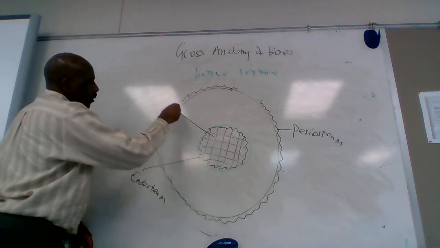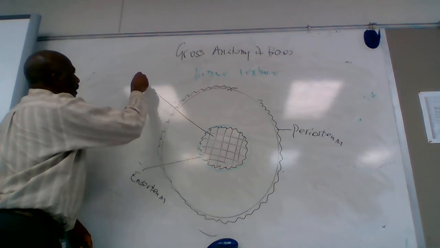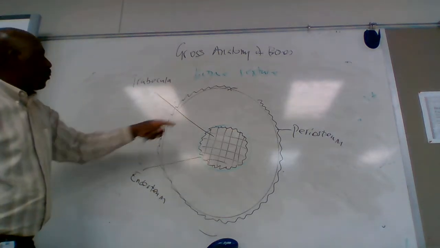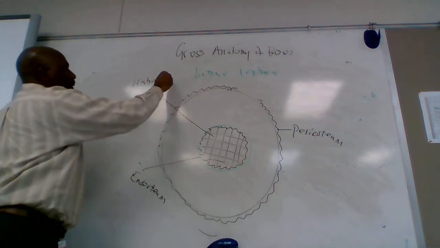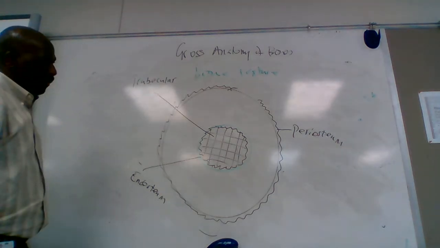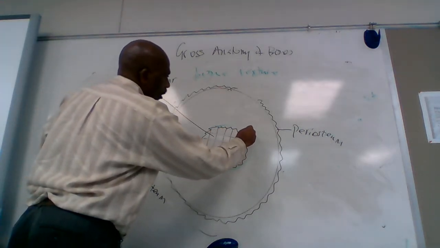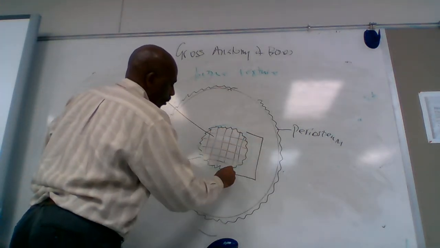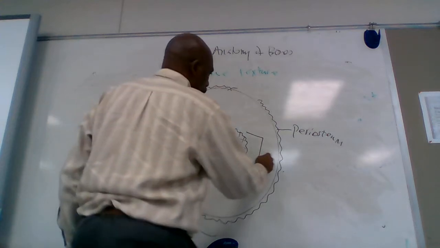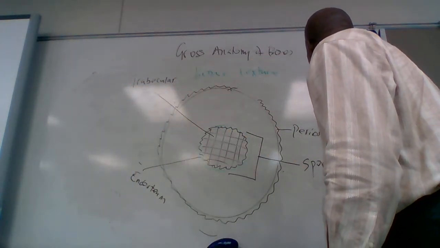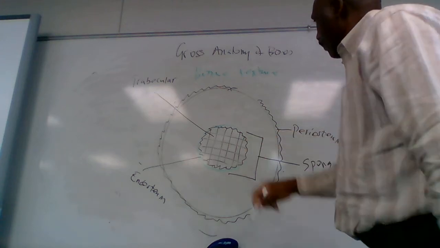Now, one of these cavities will be called the trabecula. Plural will be trabeculae. So all of this portion here will be called the spongy bone. You see that it has those cavities in there.